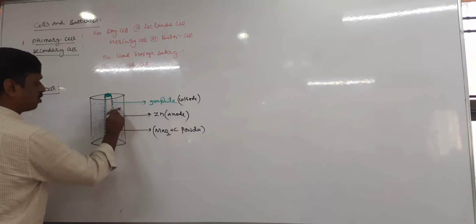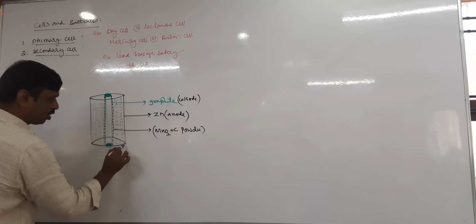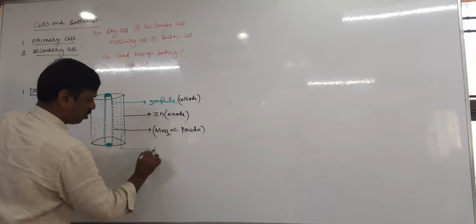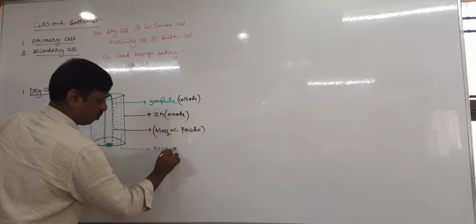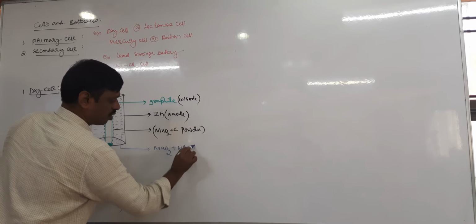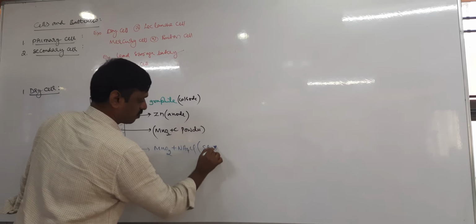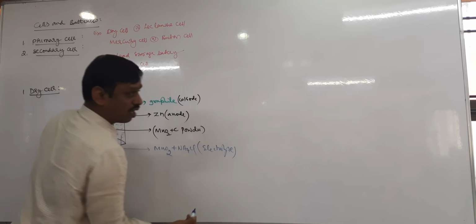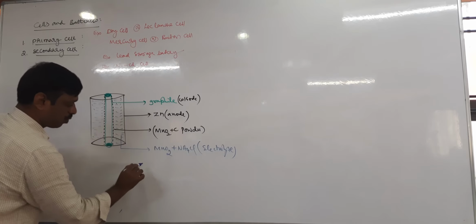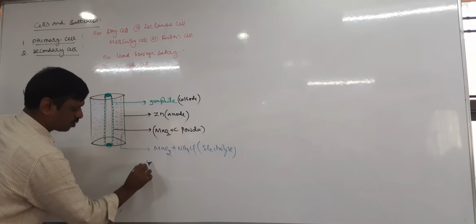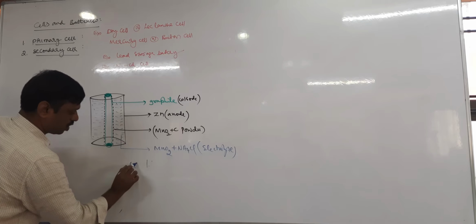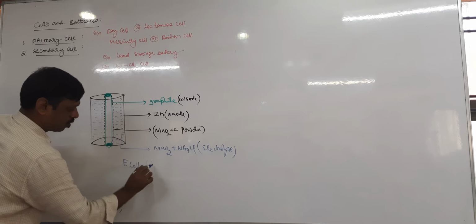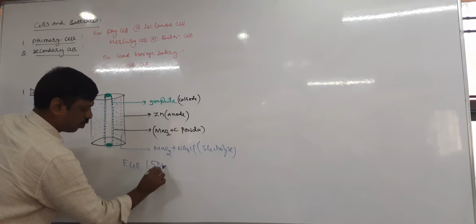What is the electrolyte? The electrolyte is the mixture of MnO2 plus ammonium chloride. And this cell produces approximately 1.50 volt cell potential.